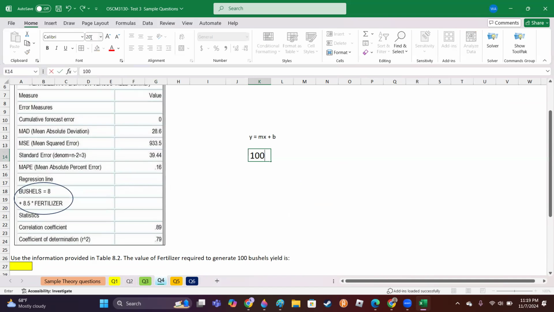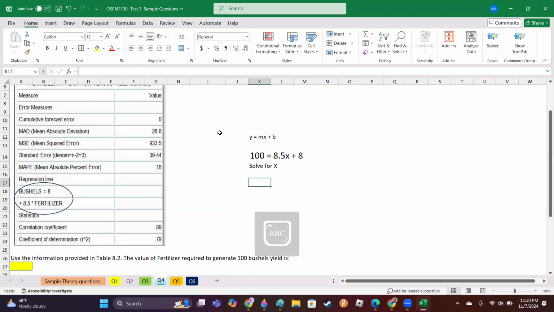So 100 equals, what's our slope? I'd have to go here, and I see that our slope here from this formulation is 8.5. So 100 equals 8.5x plus our y-intercept is 8. Okay, and so this becomes a matter of solving for x.